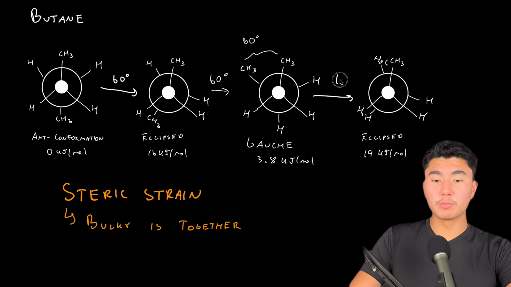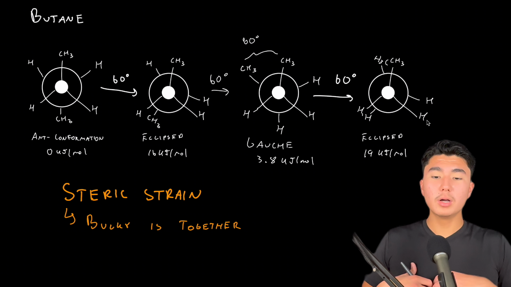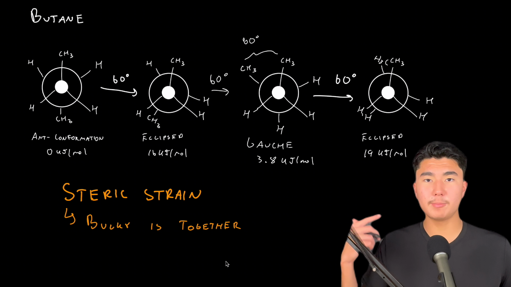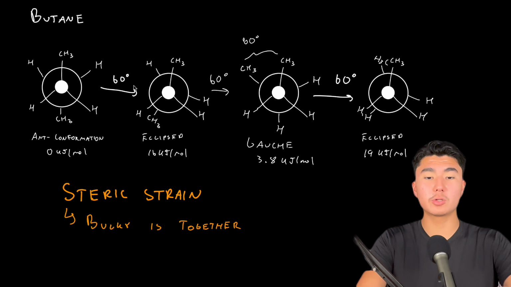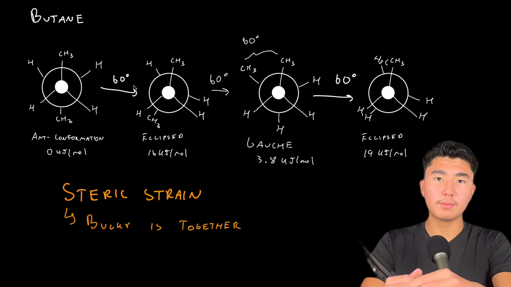And over here, we can rotate this by 60 degrees to create that most unstable eclipsed conformation. Now, one thing to note is that you can only rotate the back carbon by 60 degrees. That's why we're going by 60 degrees throughout this whole Newman projection, because that is literally the only way you could move or rotate the molecules.